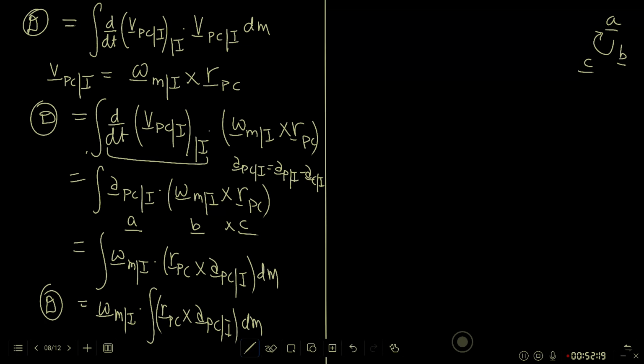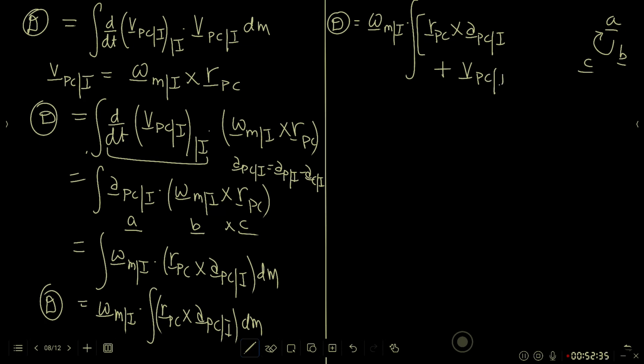Cross product of any vector with itself is always 0, and that's why I am allowed to add it. How does it help me? I'm putting back this. In a way, this was not required actually to put APCI. I could have worked with DDT or BPCI also, but that's fine.